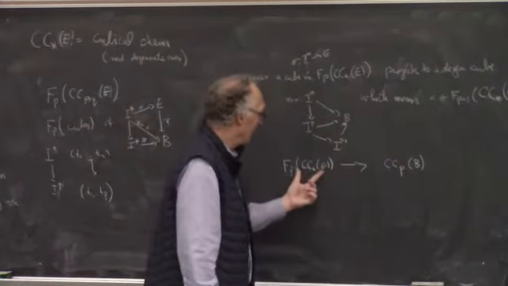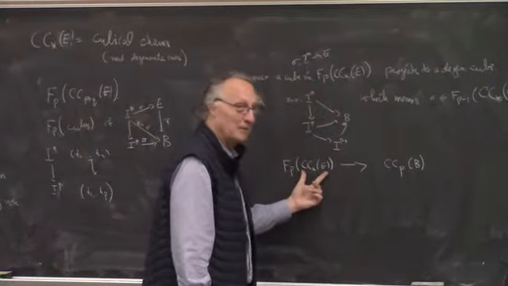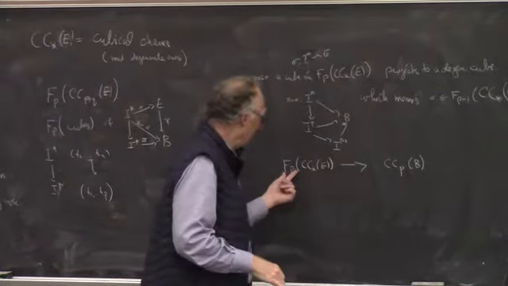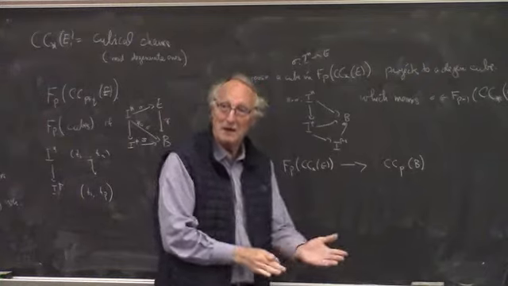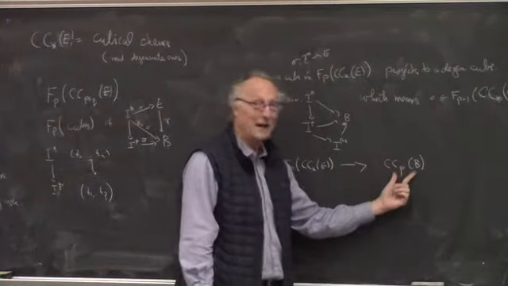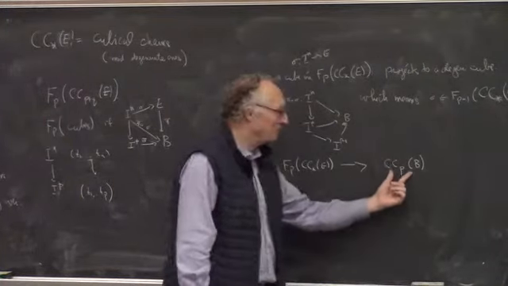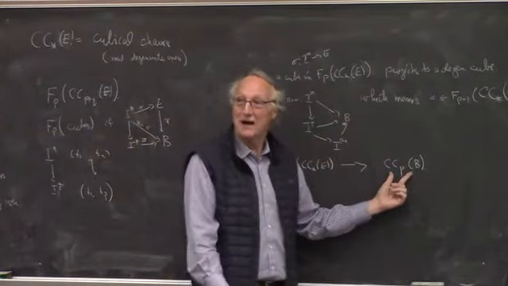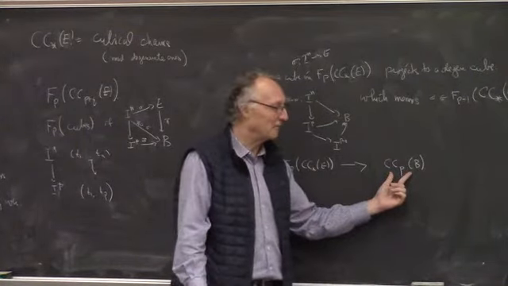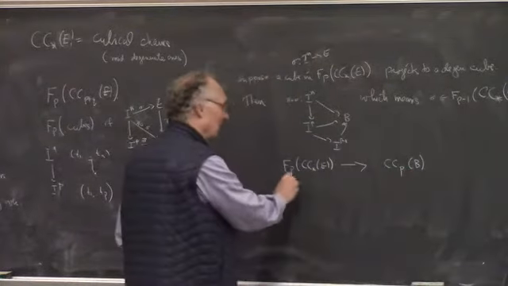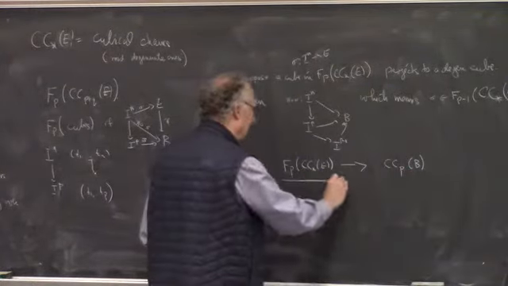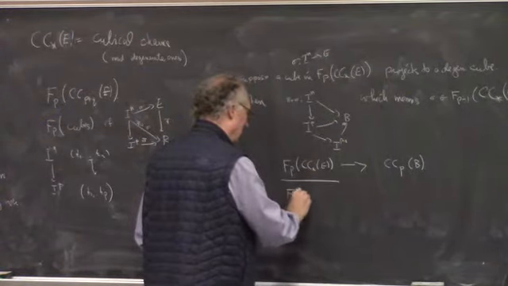And the map is, take your cube here. Because it's in filtration level p, it factors through a map of I^p into the base. Just take that map. You may have to divide out by it if it's degenerate, but that's all right. And I'm claiming the kernel of this is exactly F_{p-1}.